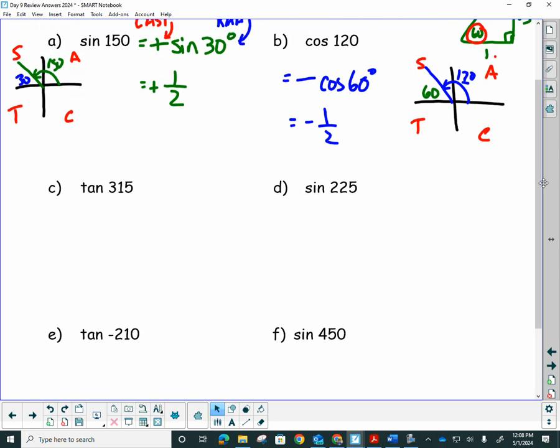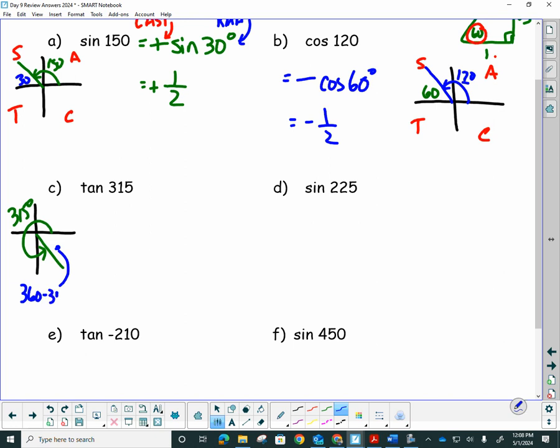So in C, again, I'm going to draw a picture. 315, well, that's all the way around. Not quite all the way around, but it does come all the way around to here. That's 315 degrees. A full rotation would be 360. So this one must be 360 minus 315, which is 45. So this guy is 45.